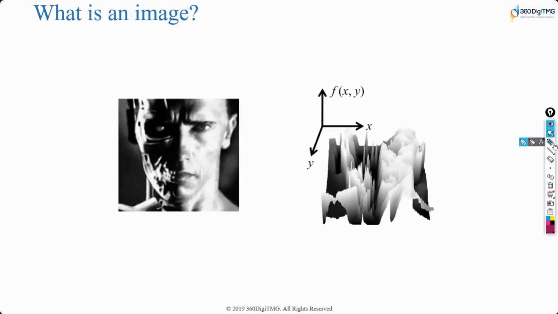If you closely observe here, you have the x-axis and the y-axis. For each and every pixel, say x equal to 1, y equal to 1, that's probably the first pixel, and so on and so forth. For each and every pixel, you'll have pixel intensity values, which is represented using f of x comma y. This is nothing but intensity values.